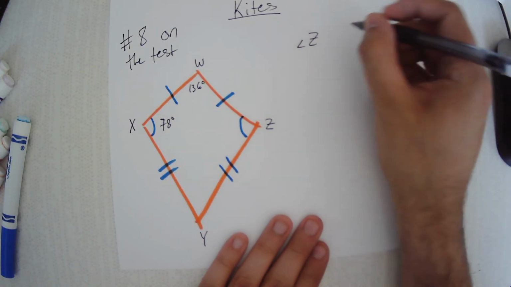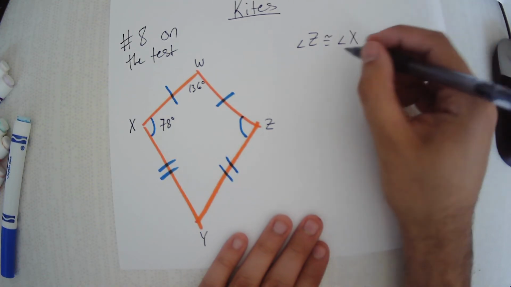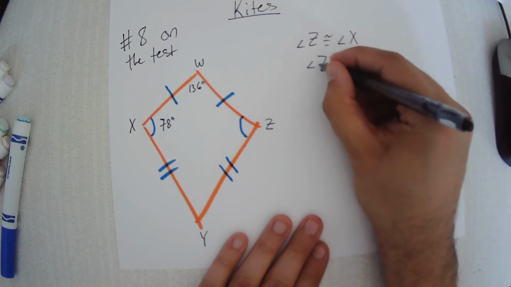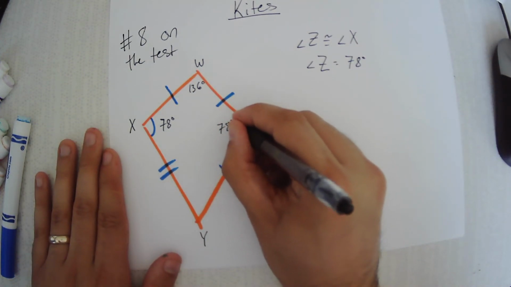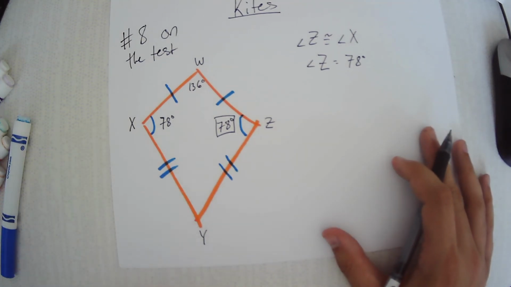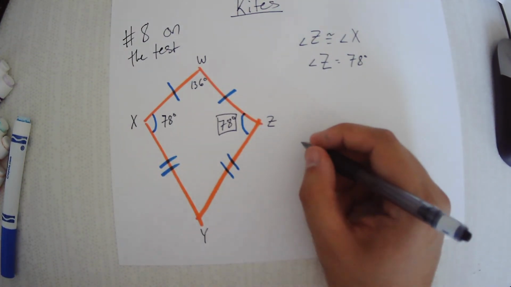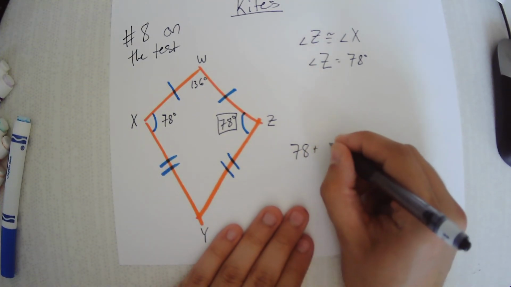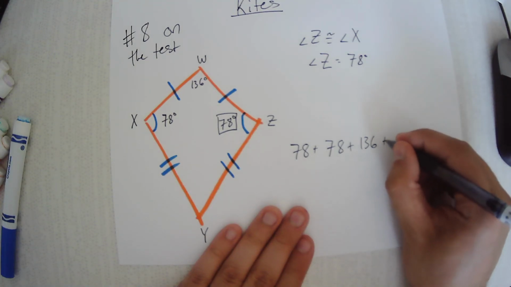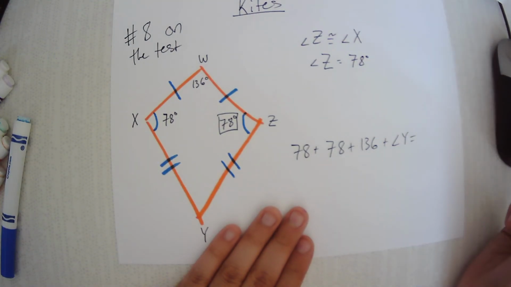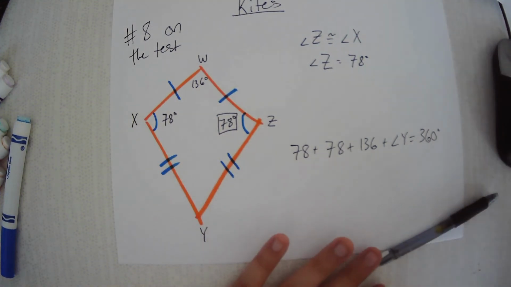So angle Z, how do I know angle Z? It's the same as X. Yep, angle Z matches angle X, so angle Z is 78 degrees. Now that I know that one, how do I find Y? You add them all up and subtract. Add them all up to 360. Four-sided shapes add up to 360.